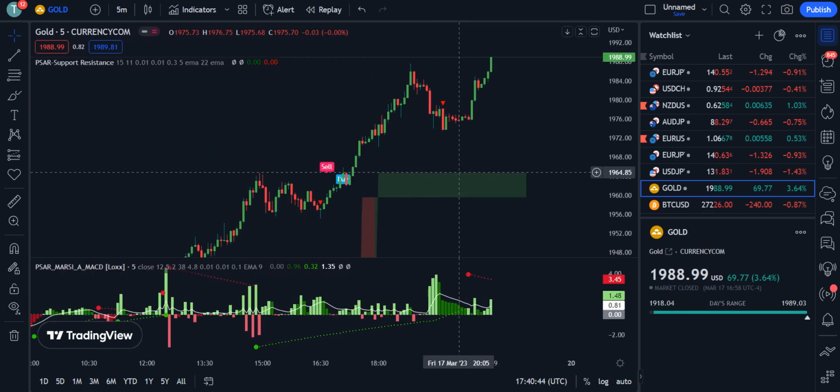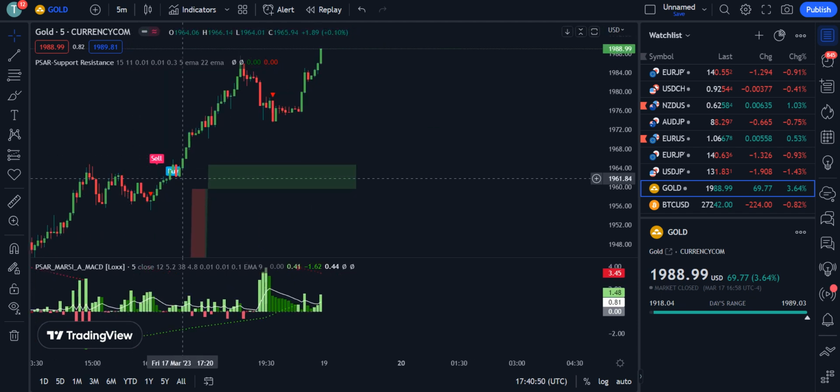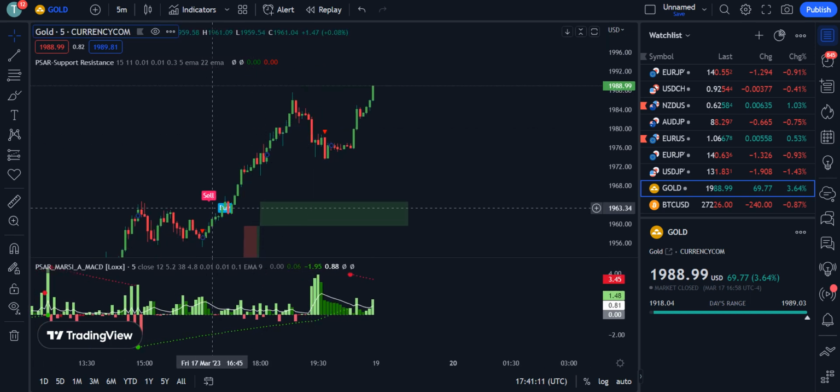First of all, whenever our PSAR support and resistance indicator gives a buy signal, we have to look towards our Marcy PSAR AMACD. It has to give us a green color candle above the zero level, and our market has to make one green candle. Then we enter the trade for a buy position or bullish signal.